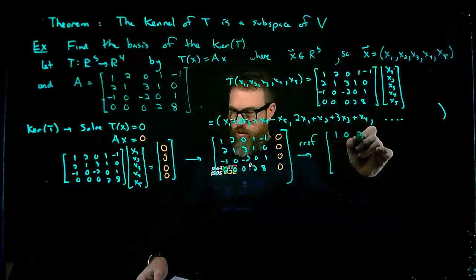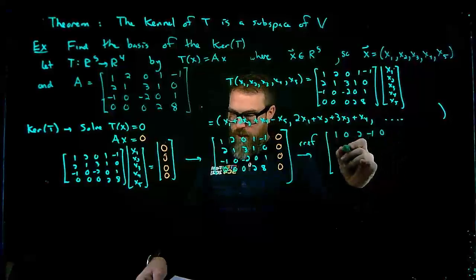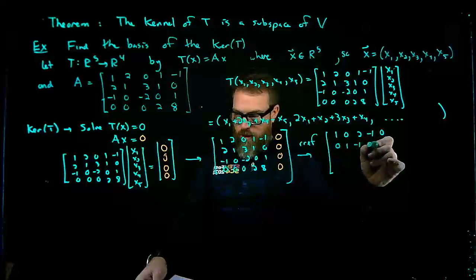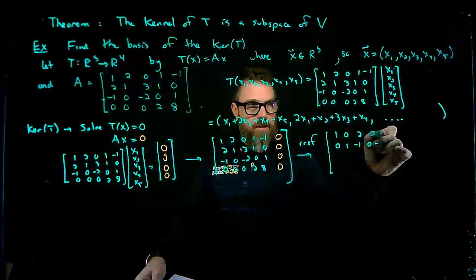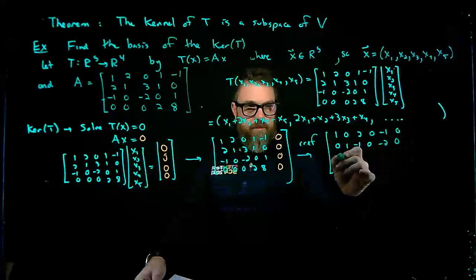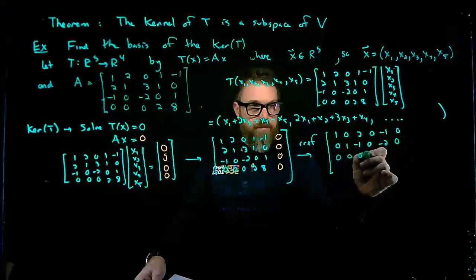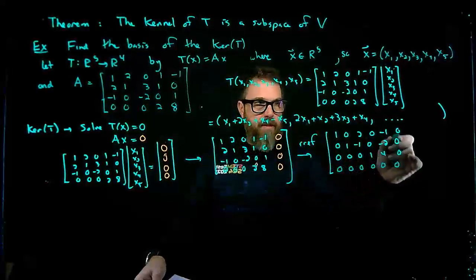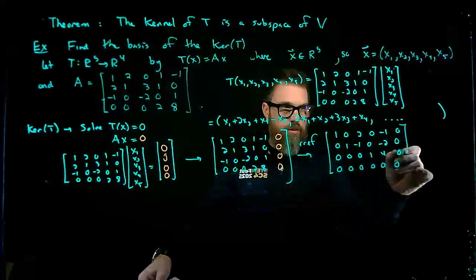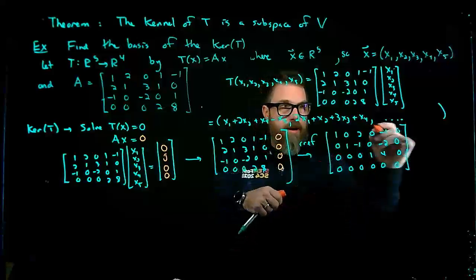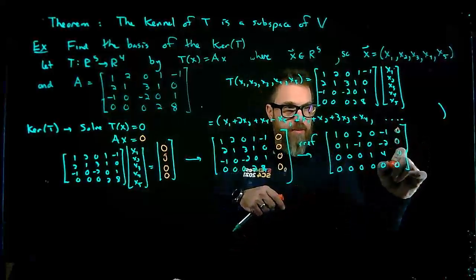1, 0, 2, negative 1, 0, 0, 1, negative 1. Now again, these zeros over here are these orange zeros. Well, what does this actually say? Remember that this is nothing more than a system of equations.